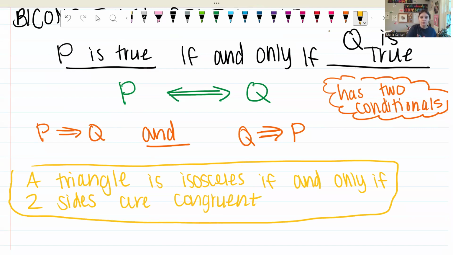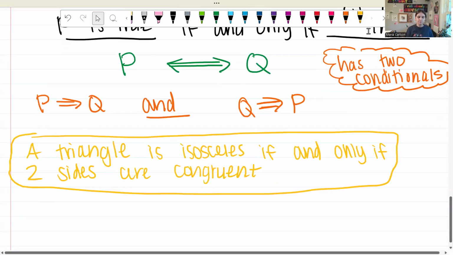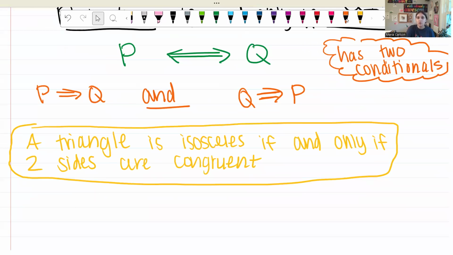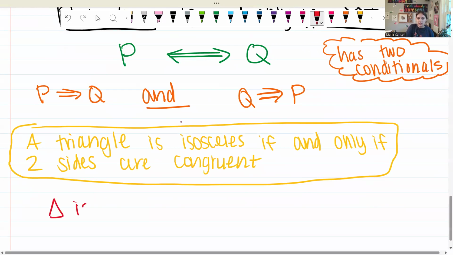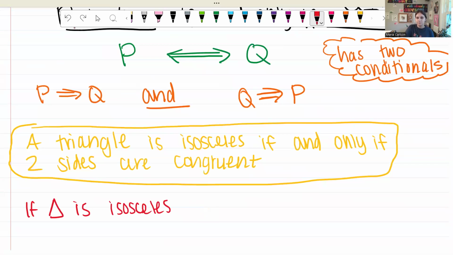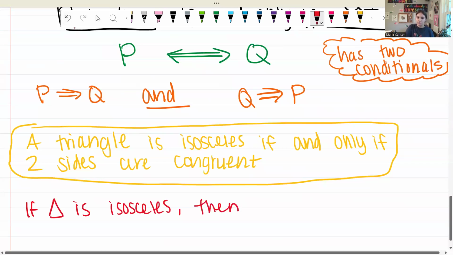And if we wanted to prove that this is true, we need to prove, first of all, that if a triangle is isosceles, then two sides are congruent. That's one thing we need to prove.